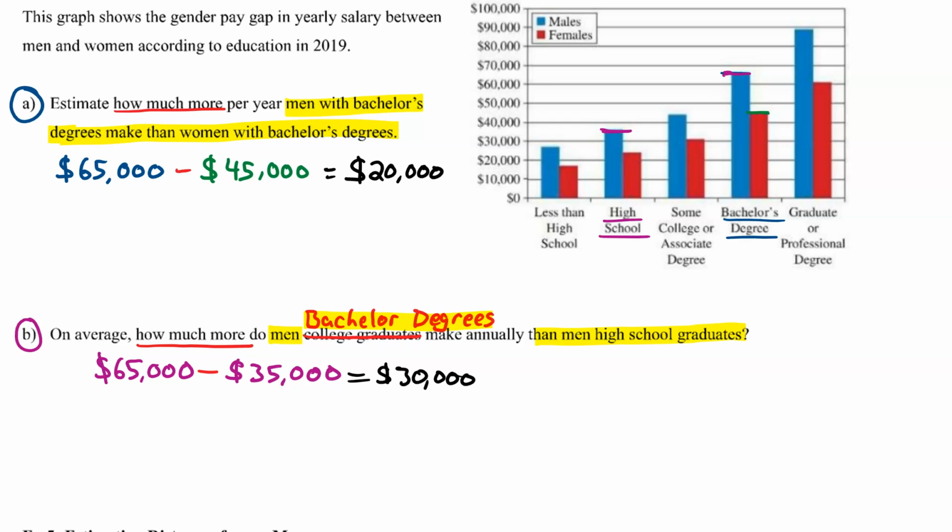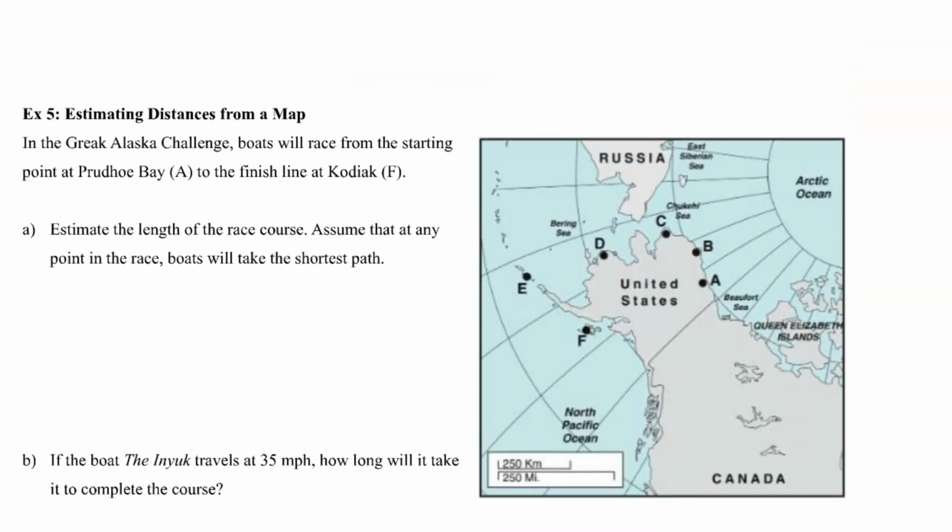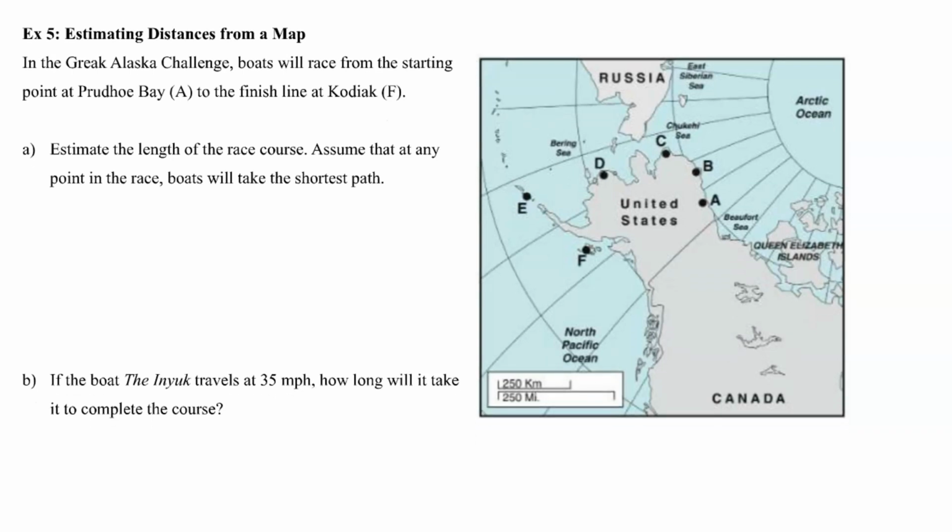So in using our estimation skills with graphs, we can also use them in other visual representations, such as estimations with distance on a map. The next example tells us that in the Great Alaska Challenge, boats will race from the starting point at Prudhoe Bay, which is point A right here, to the finish line at Kodiak, which is point F over here.